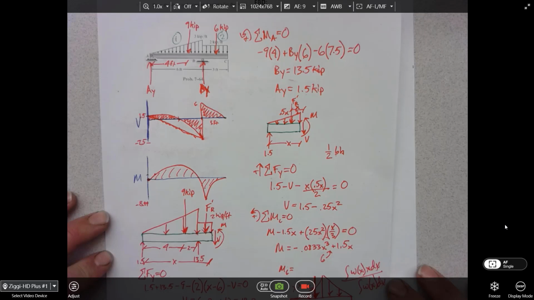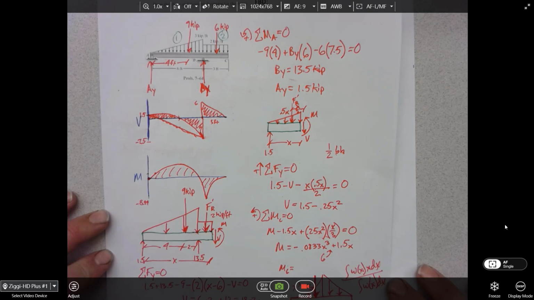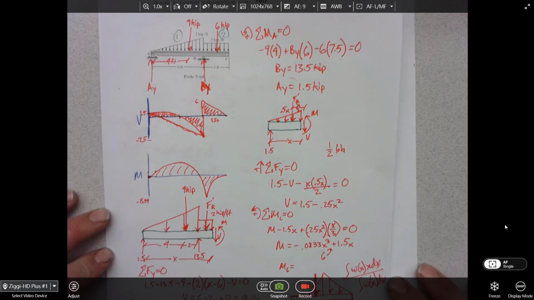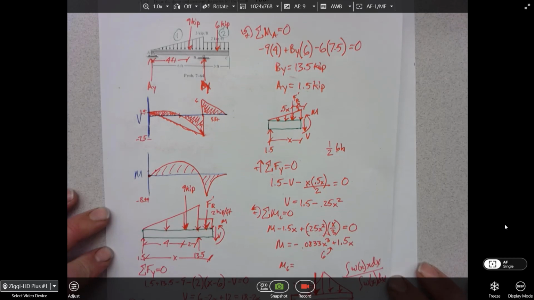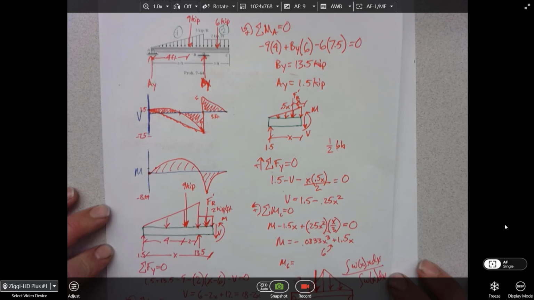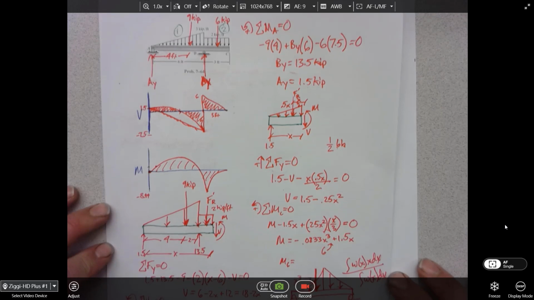Then let's do the moment. We always sum the moment when we're looking at a beam about where? The cut. Okay. So we'll have the moment minus 1.5 times x, plus the magnitude of the force, which we decided was 0.25 x squared, times its distance, which would be x over 3.